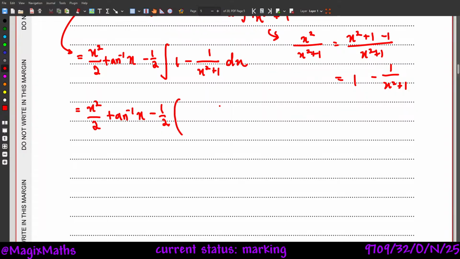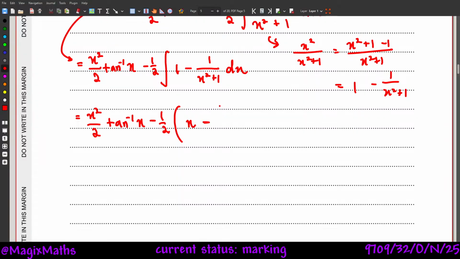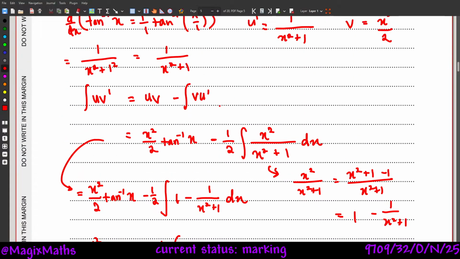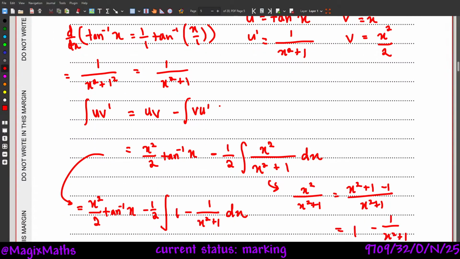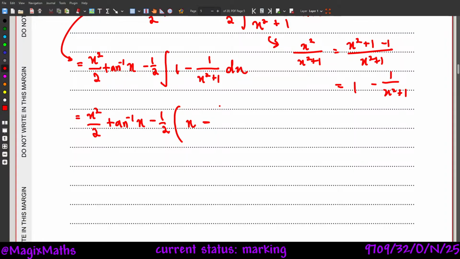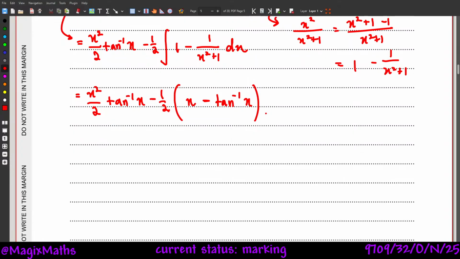Yep, so integrating that, I have x. And this looks familiar. It looks quite like this one, which is minus inverse of tangent x. And then set our limits from 0 to 1.